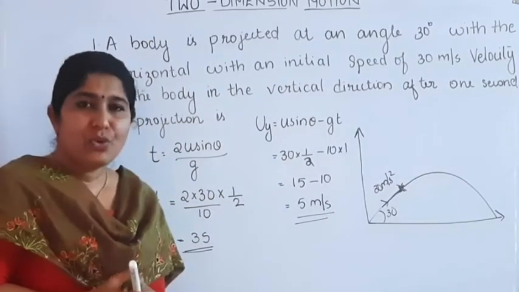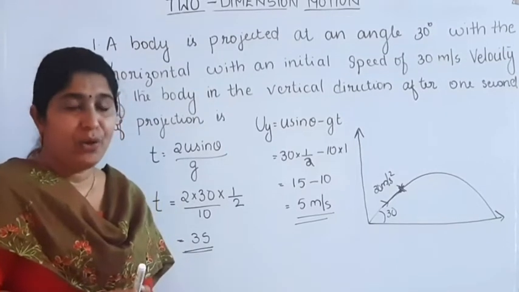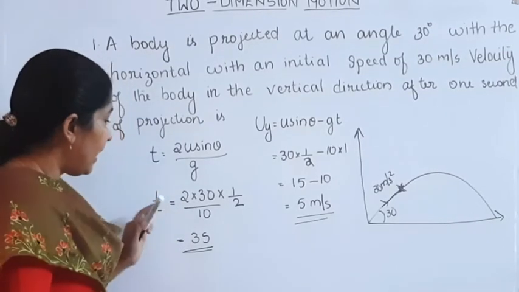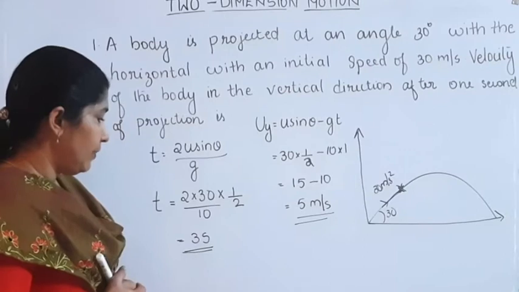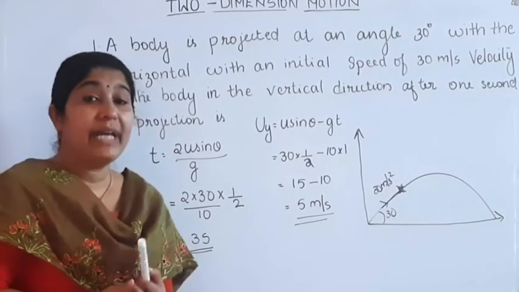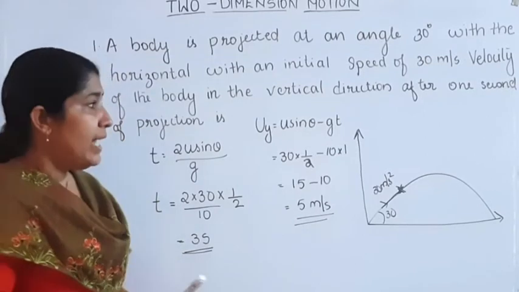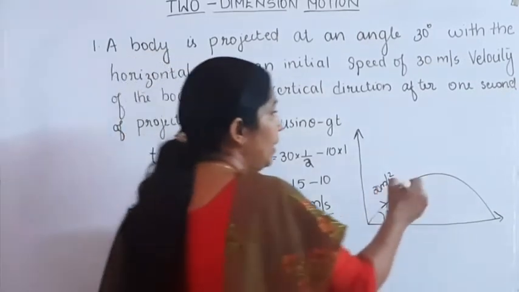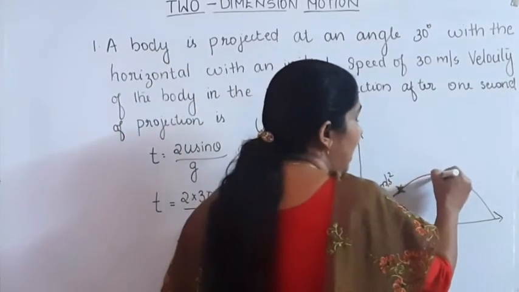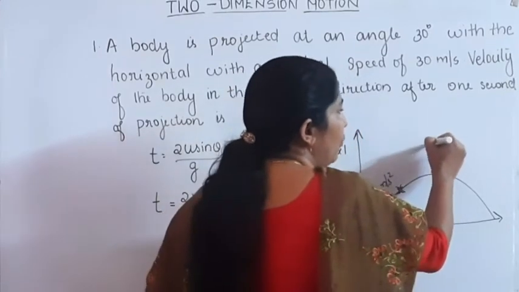In this question, first of all, we want to find the time of flight. Time of flight t is equal to 3 seconds. Also, we know that time of ascent is equal to time of descent. So the time taken by the projectile to reach the maximum height is 1.5 seconds.